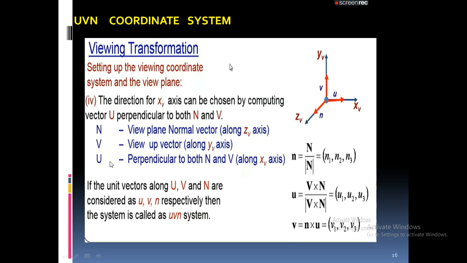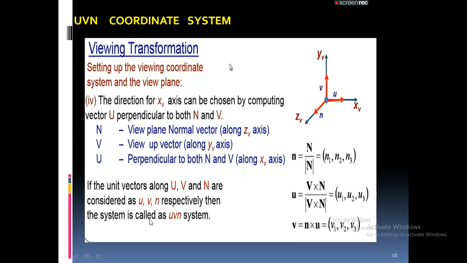So capital V is interconnected to the Y axis. U is nothing but the X axis. It is perpendicular to both n and v. So if you draw a vector perpendicular to n and v, you will get u. If the unit vectors along capital U, capital V and capital N are considered as UVN, then small u is a unit vector, v is also a unit vector, n is also a unit vector. These are the three unit vectors we are considering.